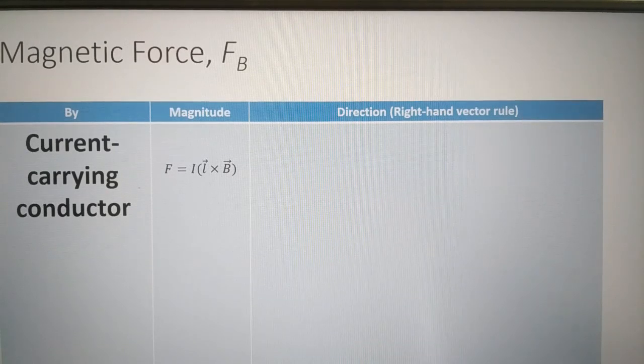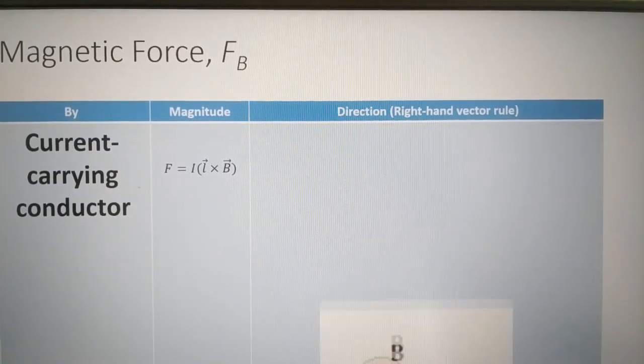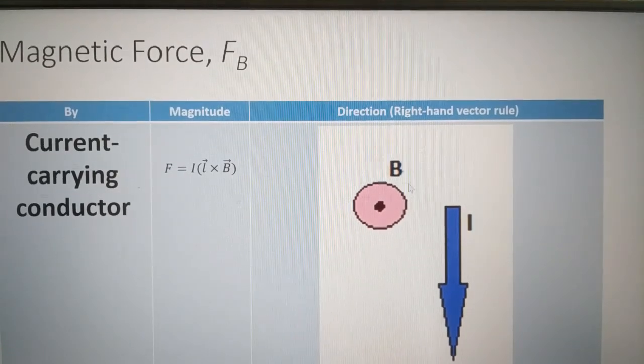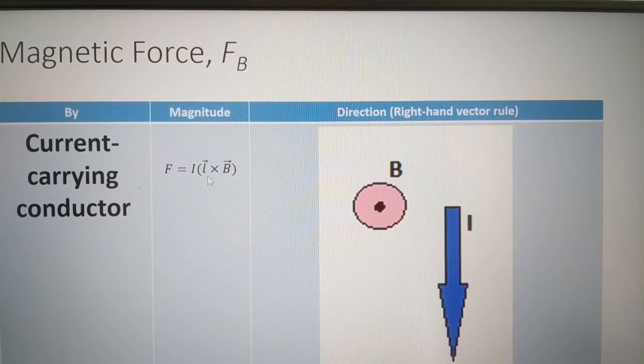So let's look at this situation. This is my current carrying conductor. The direction of current is downward, and it is inside a magnetic field which is out of the page. So remember this formula: the vector product is L cross B, and the force is the product.